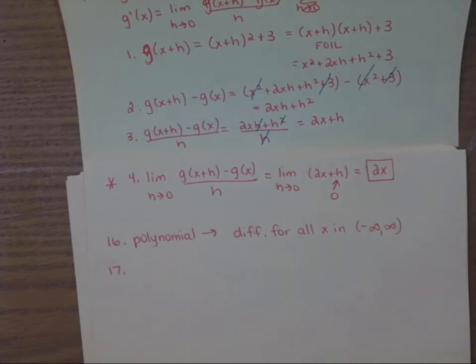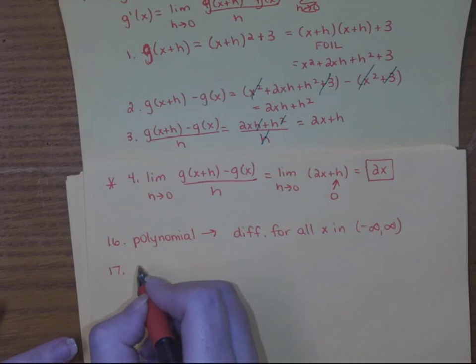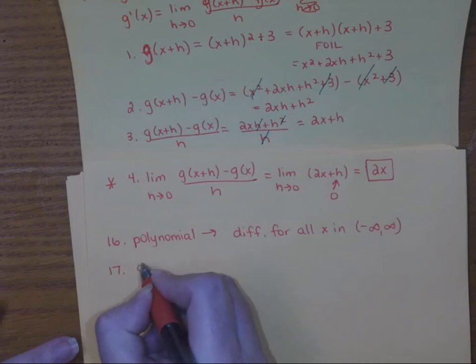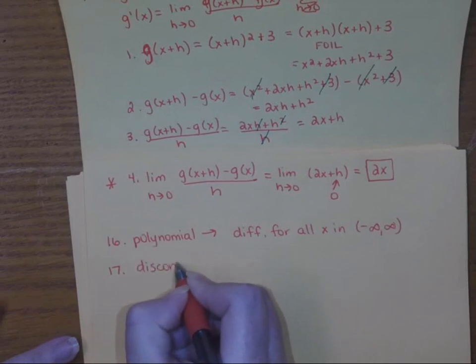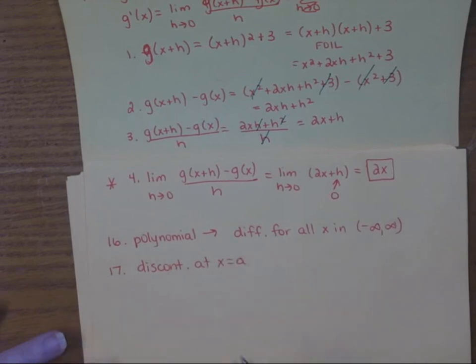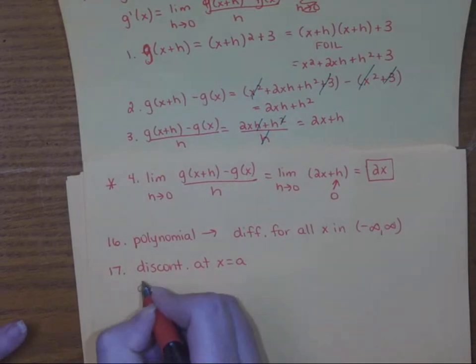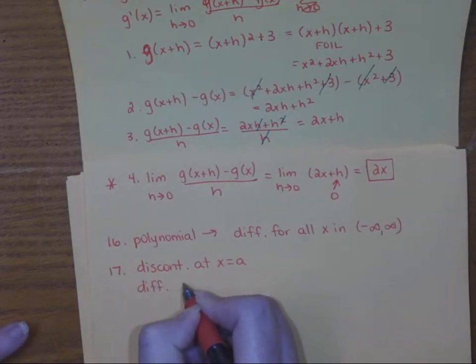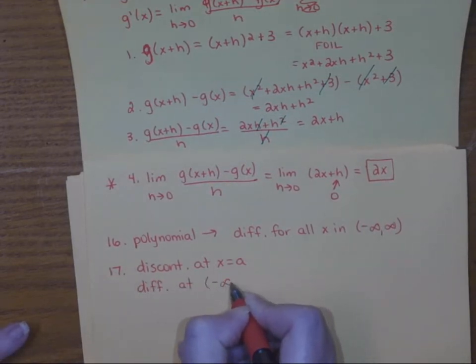Okay, but for 17, notice f of x as graphed in number 5, so I don't want to show that on screen anymore, but notice we were not differentiable at a. There was an asymptote at a, so I'm just going to say we were discontinuous at x equals a. And if you're discontinuous, then you are not differentiable either. So we're going to be differentiable for everything other than a.